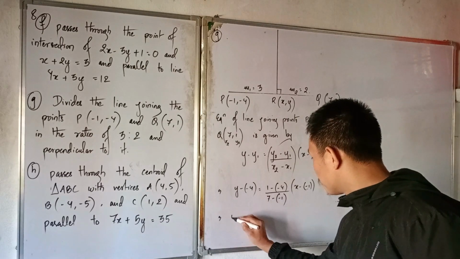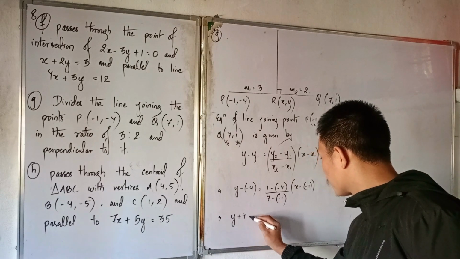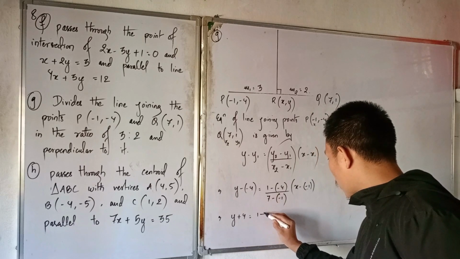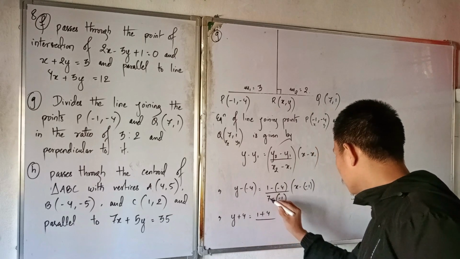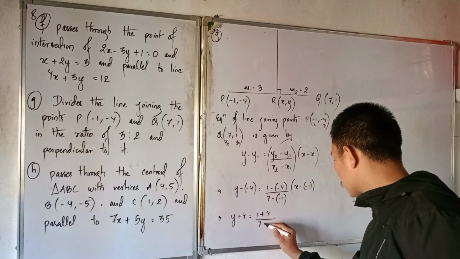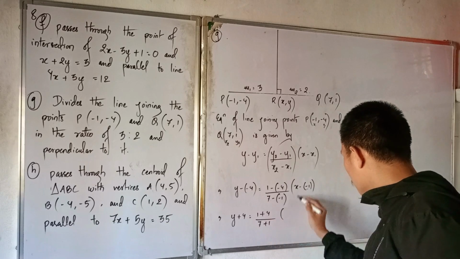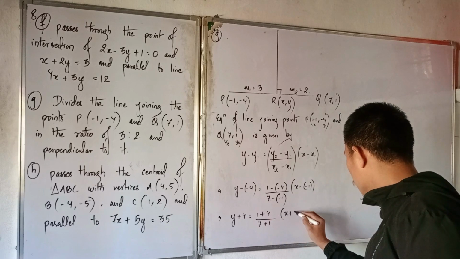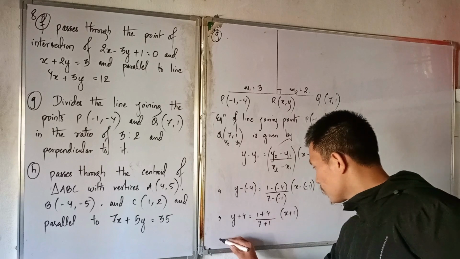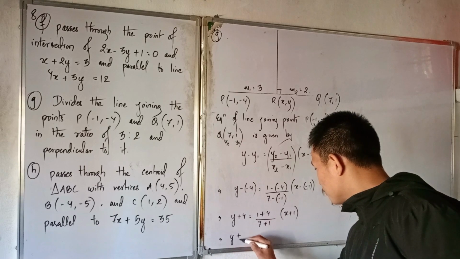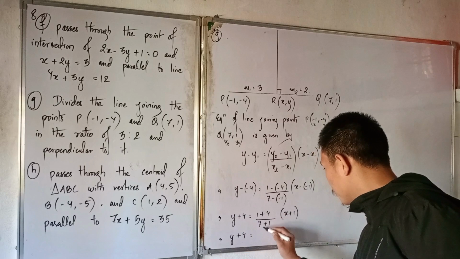Just remove the brackets. Y plus 4 equals (1 plus 4) divided by (7 plus 1), times (x plus 1). So y plus 4 equals 5 by 8 times (x plus 1).